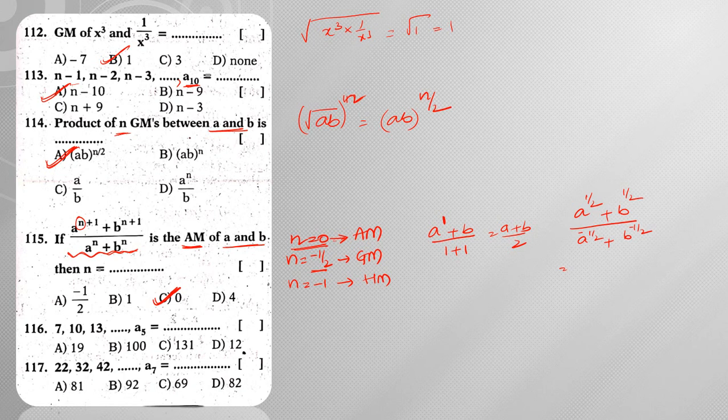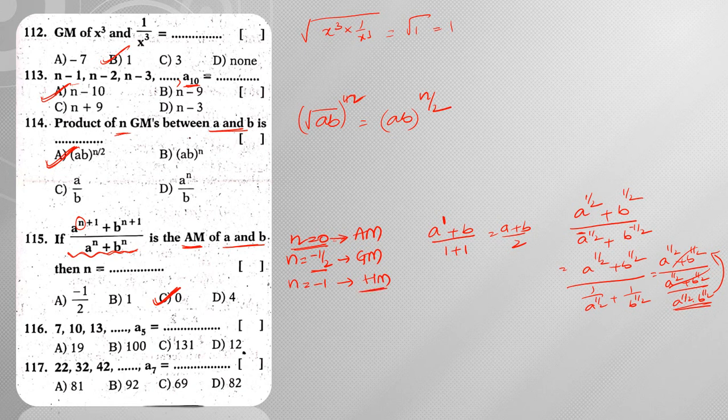So a power minus 1 by 2 I can write as 1 by a power 1 by 2, and likewise for b. When I take the LCM, the LCM is a power 1 by 2 into b power 1 by 2, and in the numerator I get a power 1 by 2 plus b power 1 by 2. So these two get cancelled and this comes to the numerator. A power 1 by 2 into b power 1 by 2 is nothing but root over a into b.